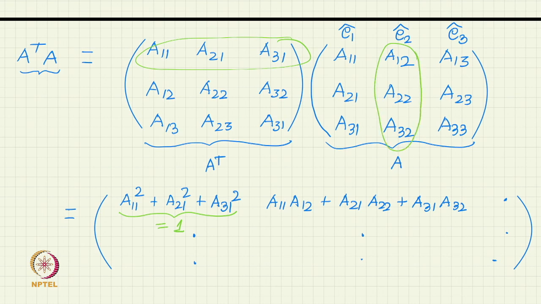In the original matrix, the column was the basis vector E1. Because of the transposition, now the row is the basis vector E1 and the column is the basis vector E2, and we have the sum of component-wise products. So this is nothing but the dot product of these two vectors, E1 dot E2, but we are in an orthonormal basis, so E1 dot E2 is nothing but 0.